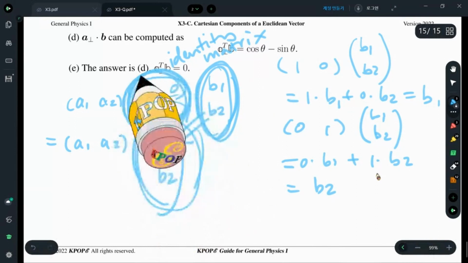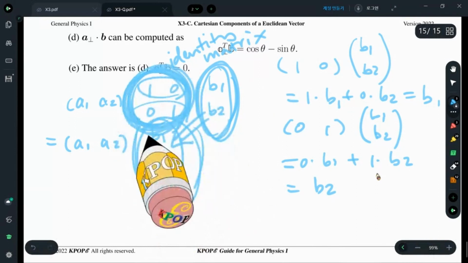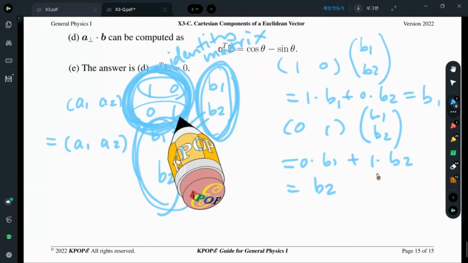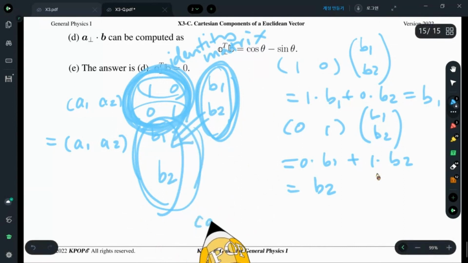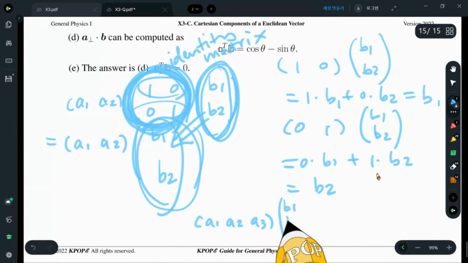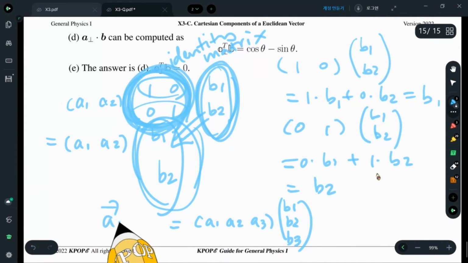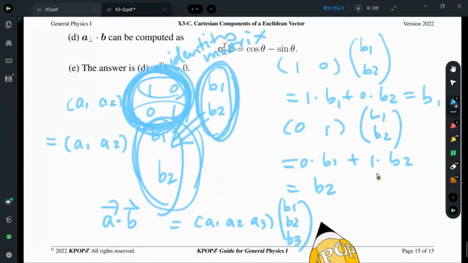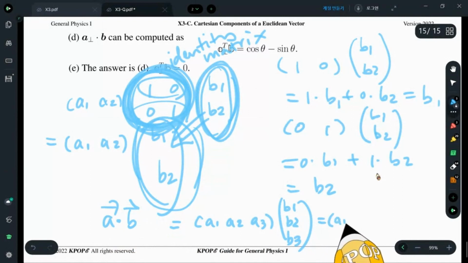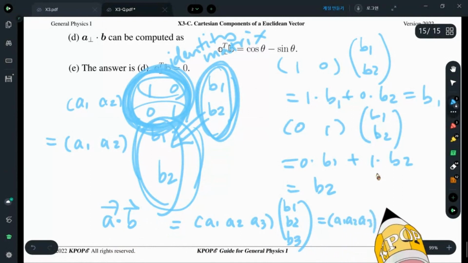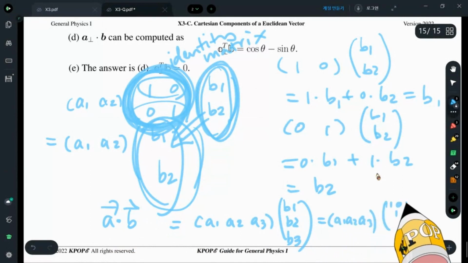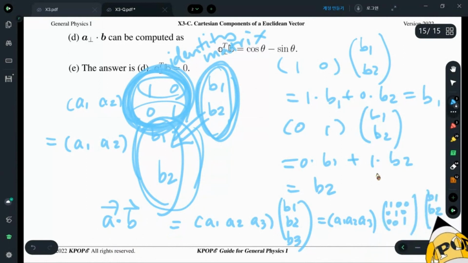I don't change any result. So that's the reason why A1, A2, A3, B1, B2, B3, that is actually the scalar product of the two Euclidean vectors, is identical to A1, A2, A3, times the matrix 1, 1, 1 on the diagonal and 0 elsewhere, times B1, B2, B3.